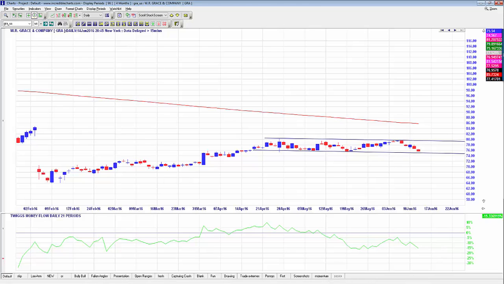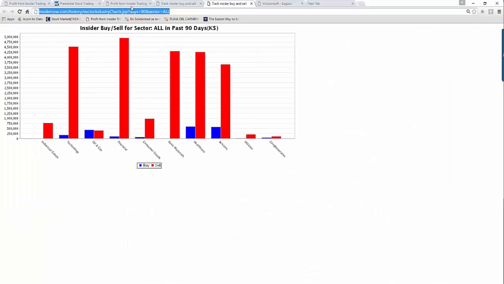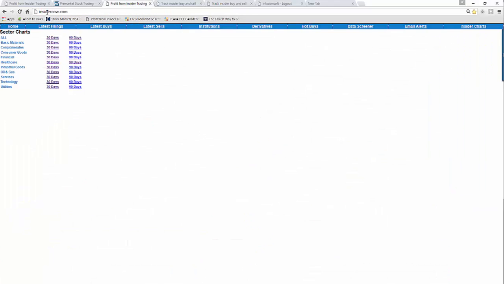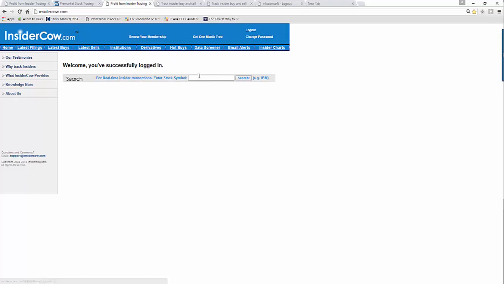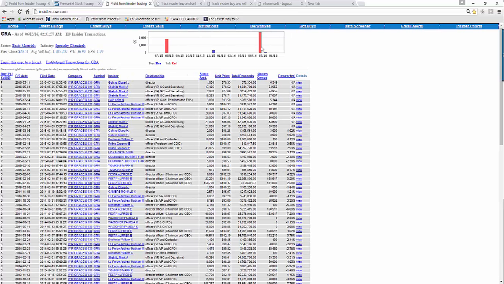This one has some significant insider selling. You can see big selling here in May, and all this widespread selling at the top of the screen.